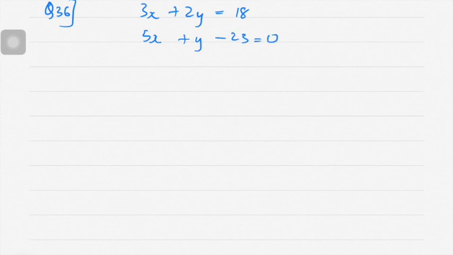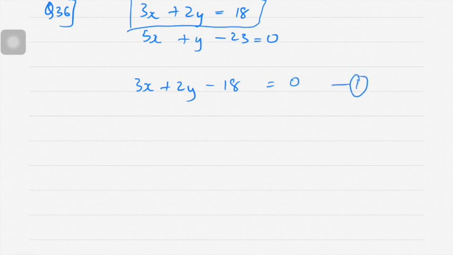And 5x plus y minus 23 is equal to 0. This is the second equation. I don't want the equation in this format. I'll bring 18 this side. So when I bring 18 this side, it will become 3x plus 2y minus 18 is equal to 0.